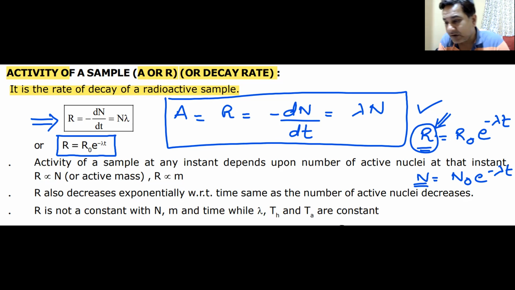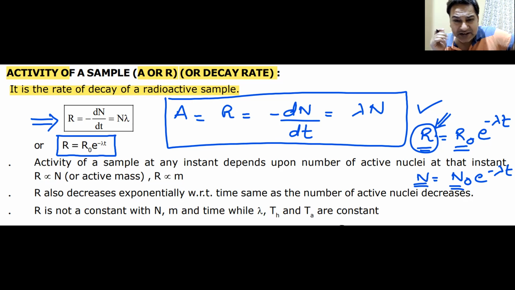Activity of the sample at this point in time. What was N naught in the previous formula? Initial number of nuclei. What is R naught in this formula? It is the initial activity of the nuclei.